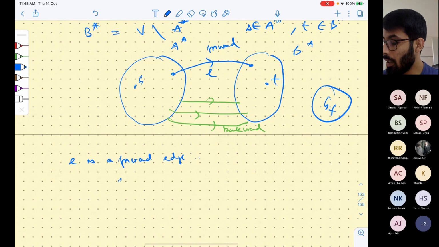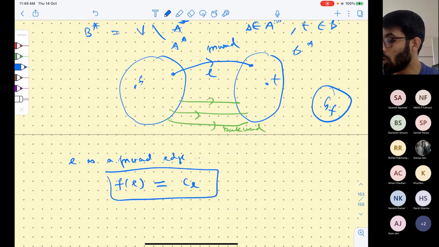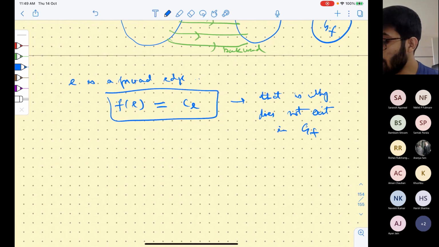So what does that mean? That f of E has to be exactly equal to C of E. That is why this edge does not exist in GF, right?